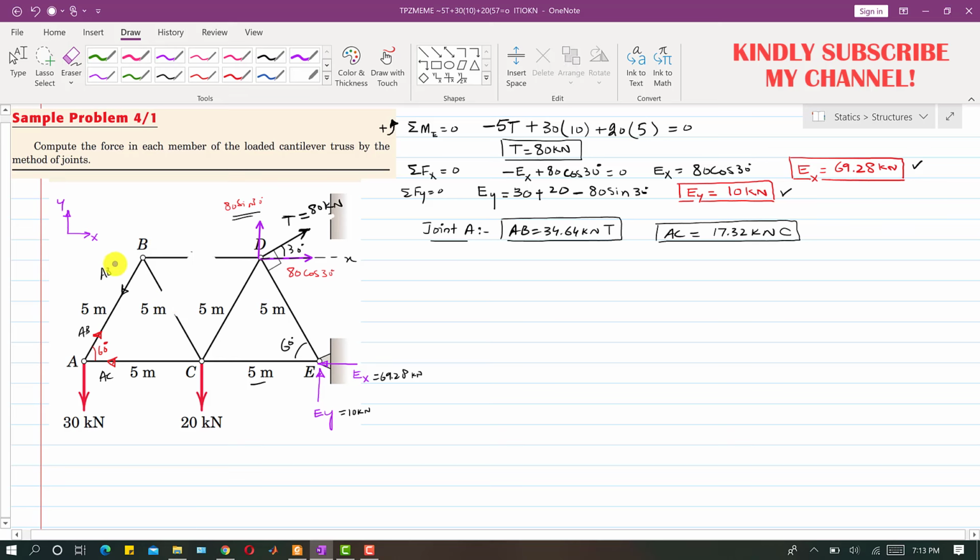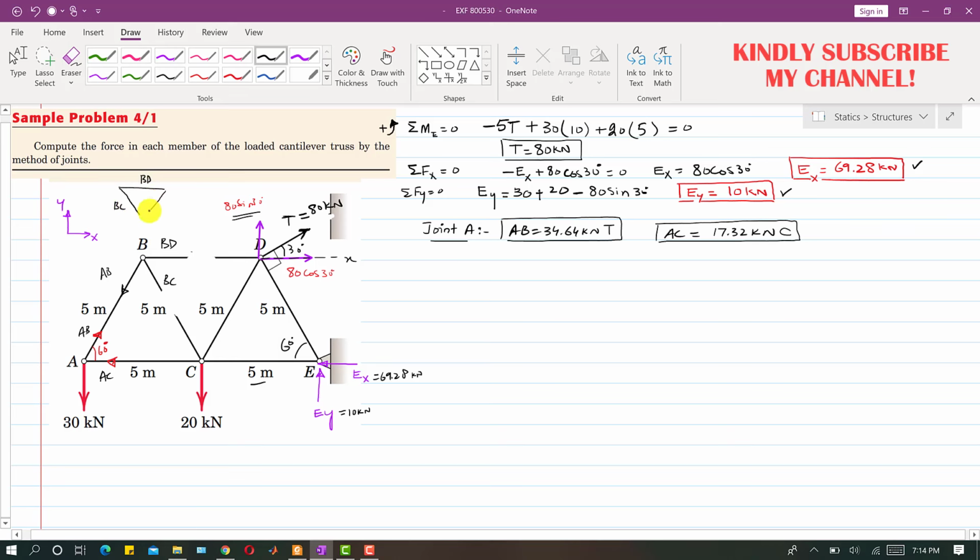Now we only know the direction of this AB force at this joint B. Again, we have to assume such directions of this BD and this BC so that the summation of these three forces by the head to tail rule should give us a closed triangle. So now let me draw these forces. Let's say this is that BD, and this is that BC.